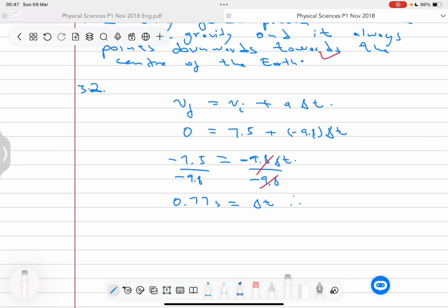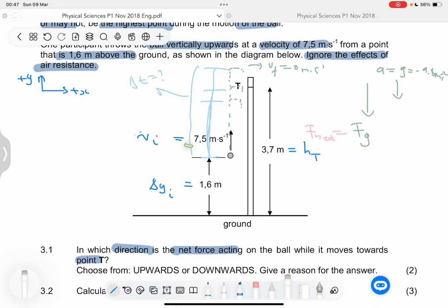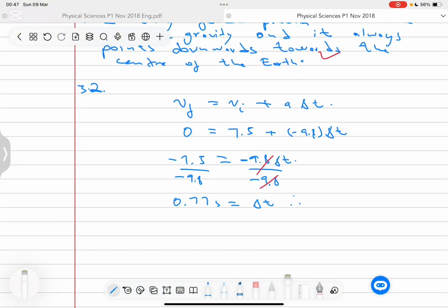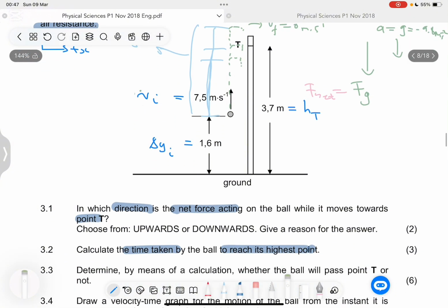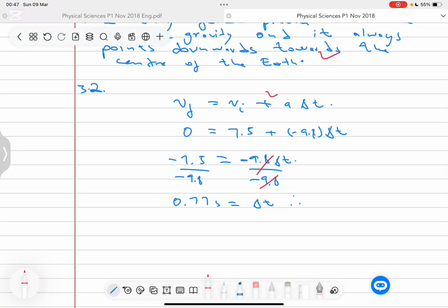Especially if you are changing your position or your distance at the rate of 7.5 meters for every second, we can actually achieve that time. So that is navigating our answer to see if it sort of makes sense, and this is out of 3 marks. So the 3 marks will come from this formula, substitution and the final answer.